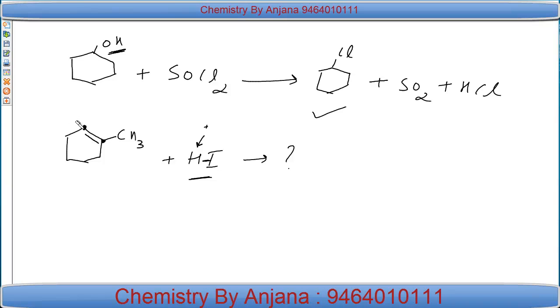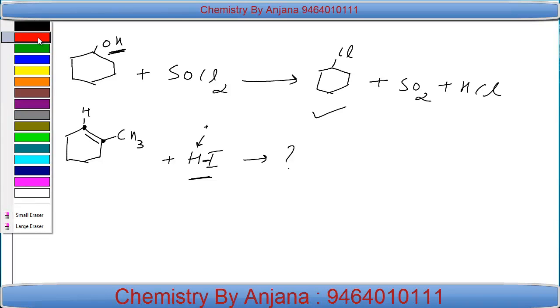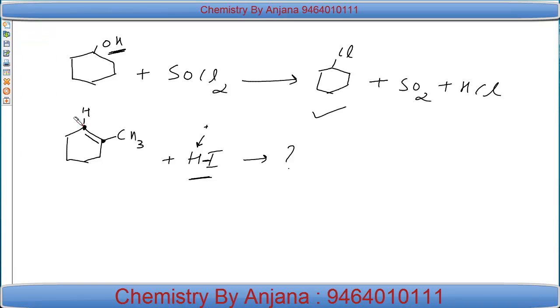But this carbon is having 3 bonds already in place, and there is 1 hydrogen. So if we compare these two carbons, this carbon which I am now indicating with red color is rich in hydrogen. It consists of 1 hydrogen, whereas this carbon is having no hydrogen. So this carbon rich in hydrogen will get another hydrogen, rich becomes richer, and what will be the product? Let's see.